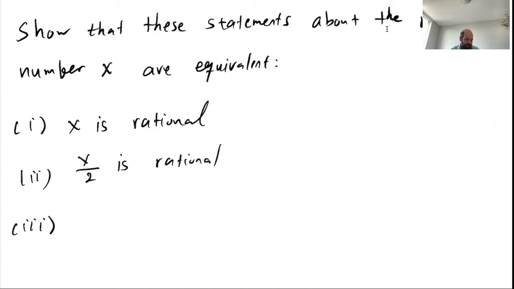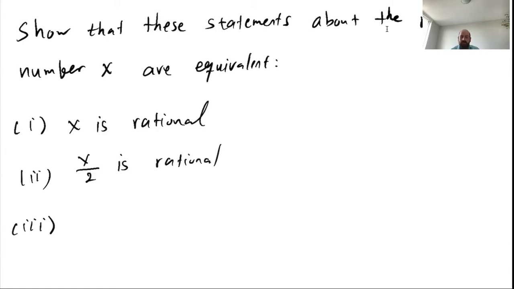I can say that then x is equal to a over b, right? For some integers a and b with b not equal to 0, right? So definition of a rational number. Definition of a rational number means any number of the form a over b, where a and b are integers and b is not equal to 0.